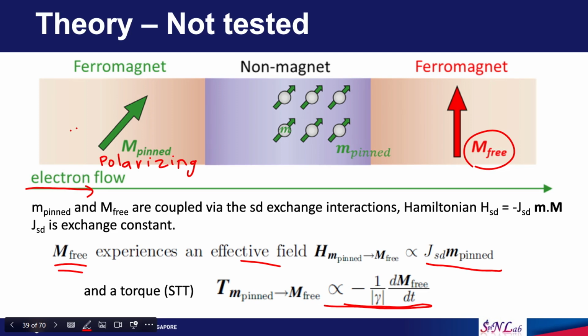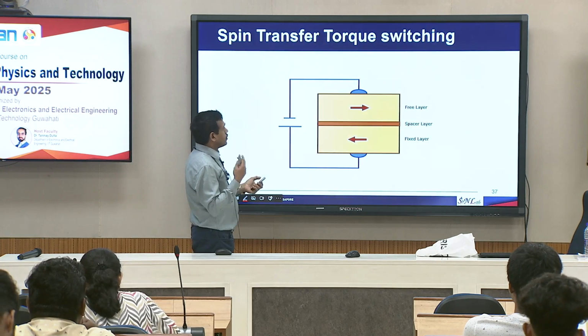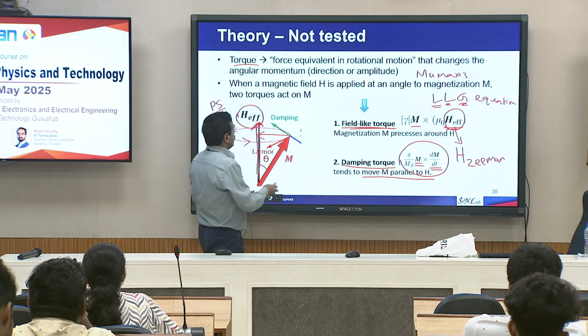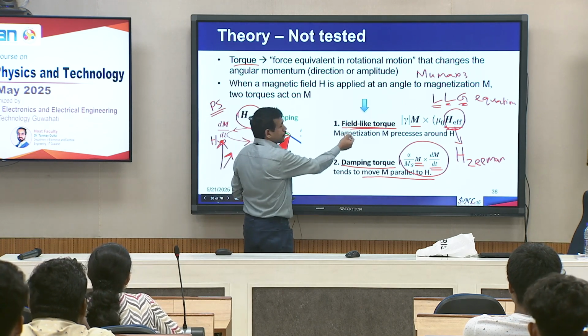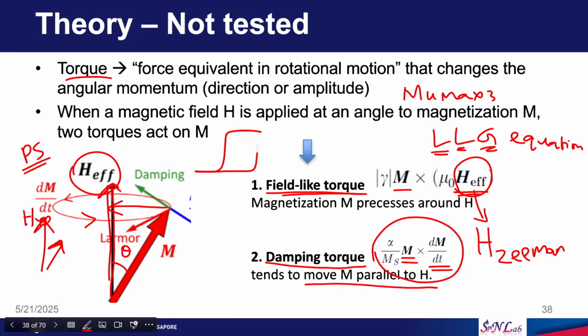Normally, when you do the simulation of a hysteresis loop or something, we only do two terms. If you are simulating a hysteresis loop, M versus H, then these two terms are enough.